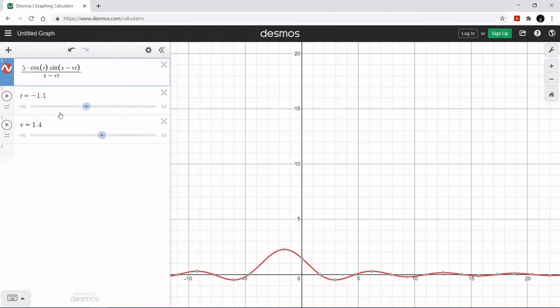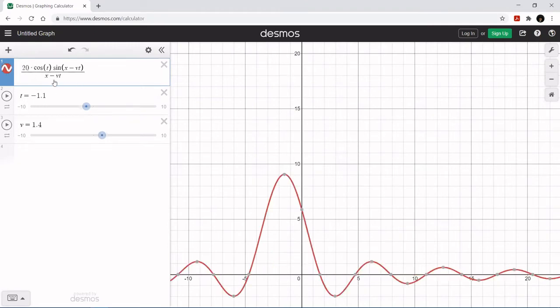So as t increases, let me go with even 20. As t increases, remember, cosine actually dives down as t increases from 0, right? Sine is the one that starts at 0 and increases. Cosine starts at 1 and then decreases. So as time goes on, this cosine function here is going to move towards 0, and that should actually change the amplitude.